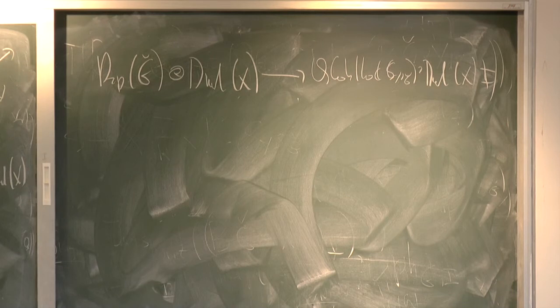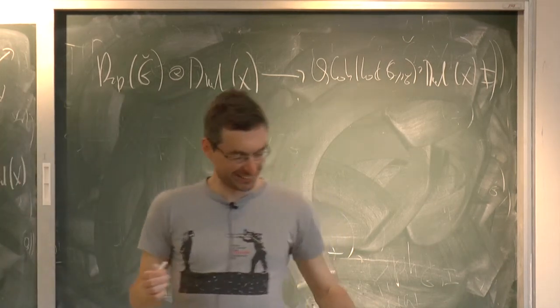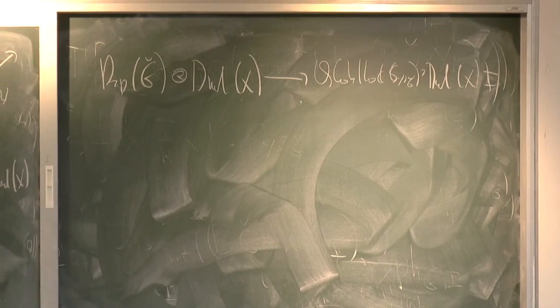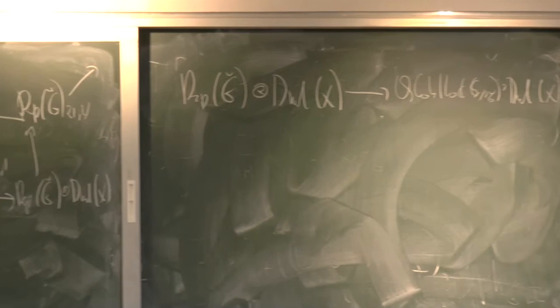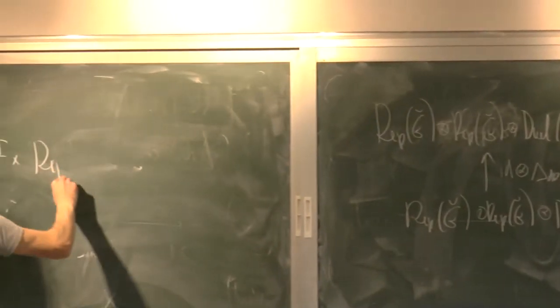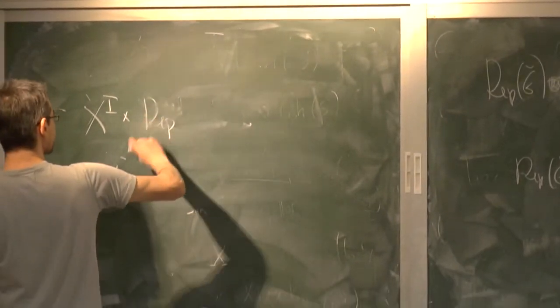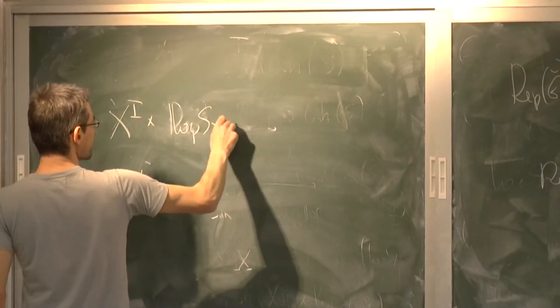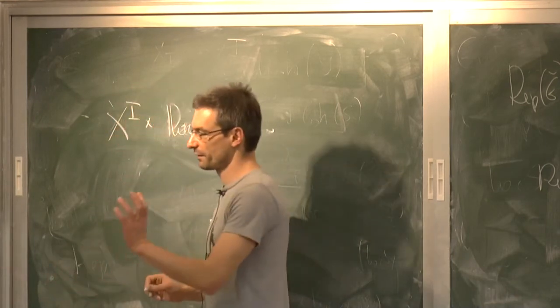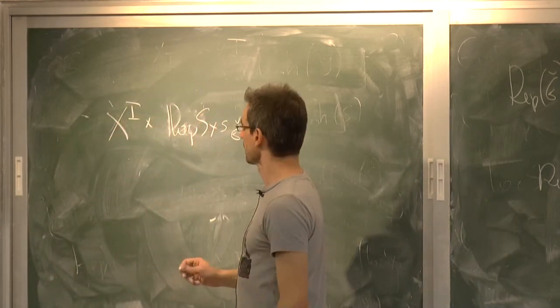Okay, because you did so well on this, I'll give you your desired geometric object. So take X to the I times log G check. On it, you have the following universal object.